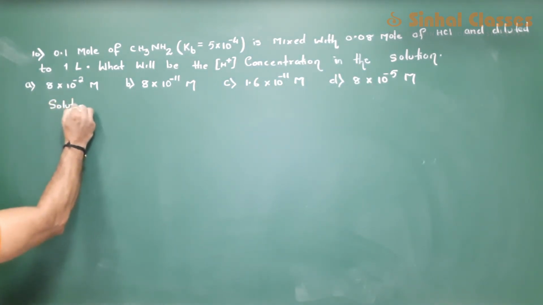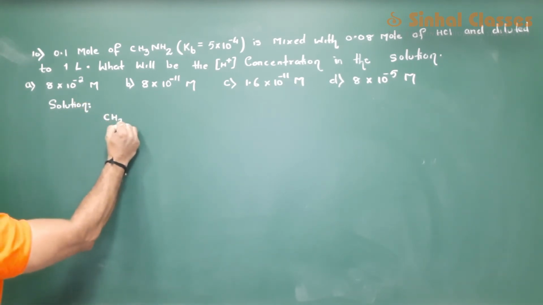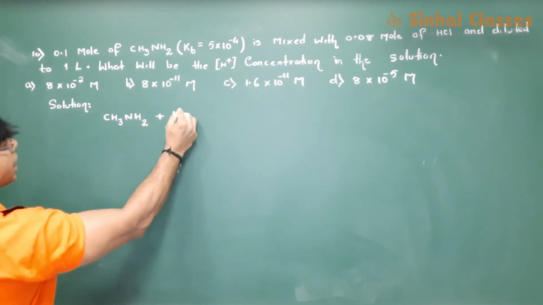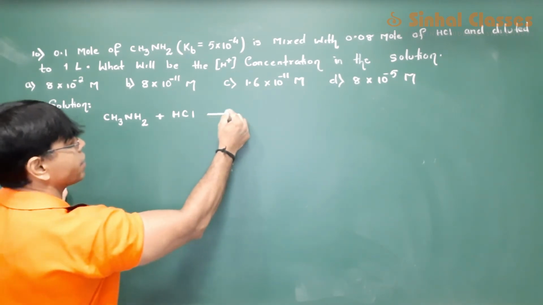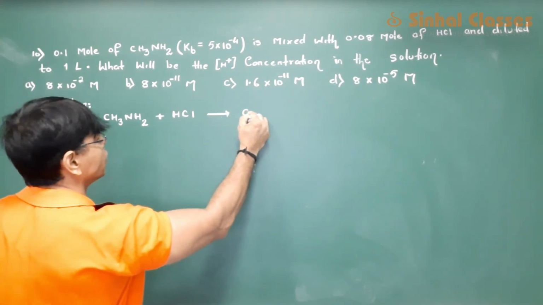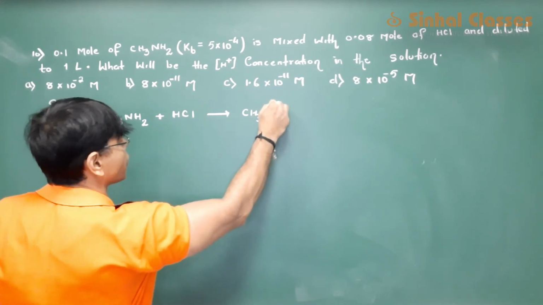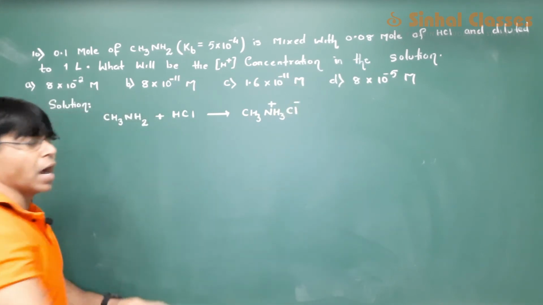Very interesting question. So first thing, methylamine is a base. Now when you put it in HCl, it will react with HCl, giving you a salt, that is CH3NH3 plus and Cl minus.